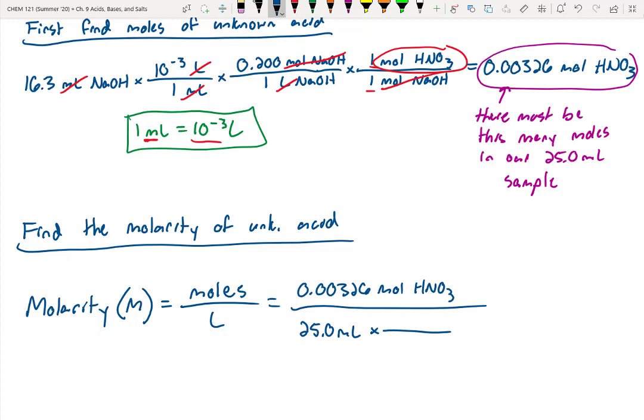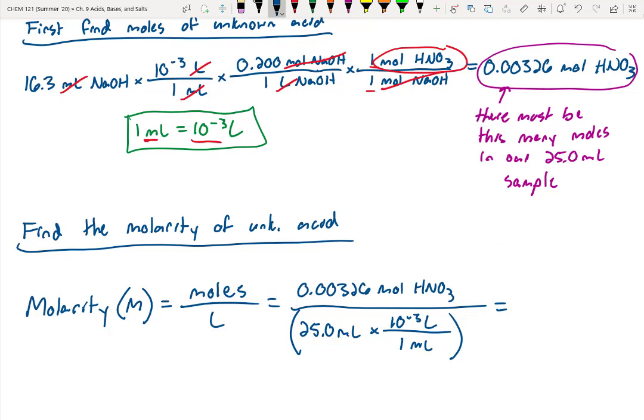So we essentially need to do the same sort of conversion that we did up here: cancel out milliliters, get to liters. So 1 milliliter is equal to 10 to the negative 3 liters. I normally put this all in parentheses to prevent calculator errors. Parentheses are my best friend whenever I do stoichiometry. It avoids any mistakes in the calculator.